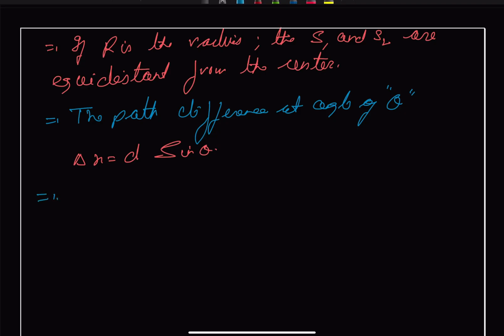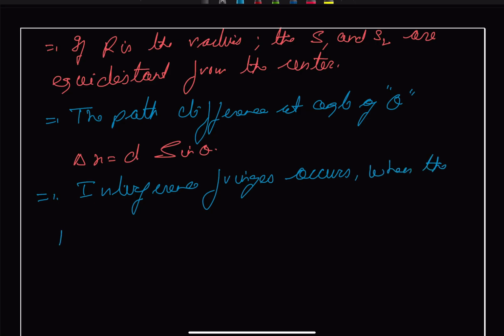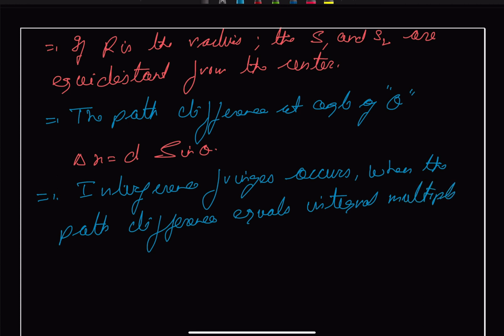The interference fringes occur when the path difference equals an integral multiple of wavelength.